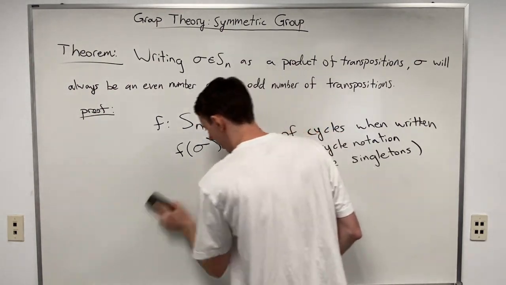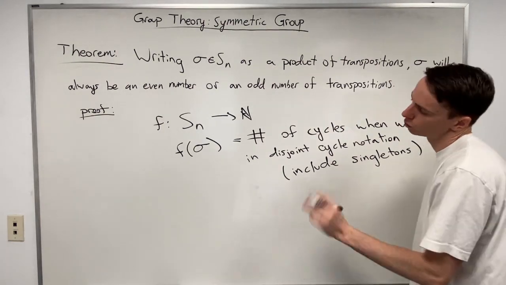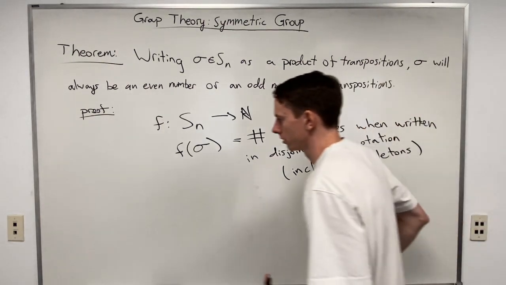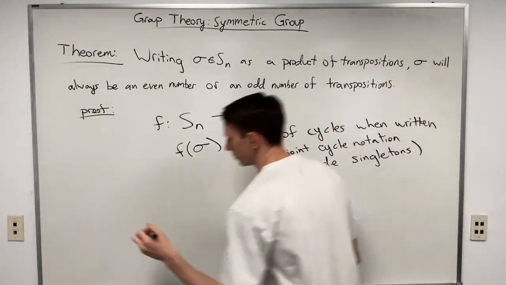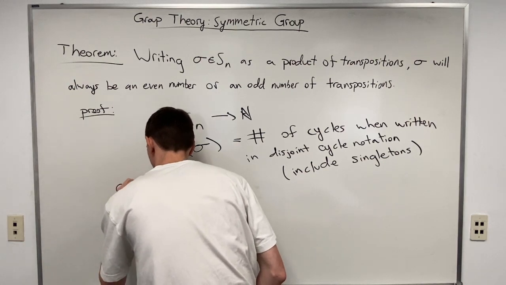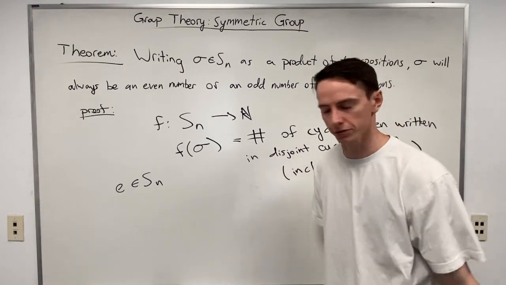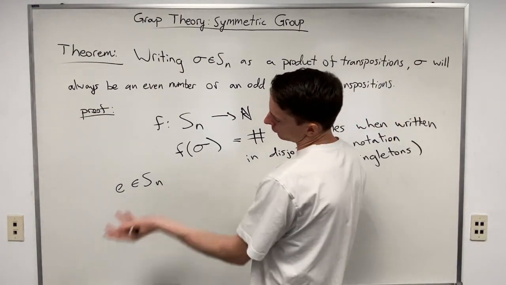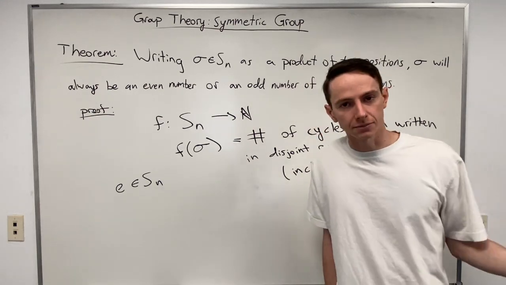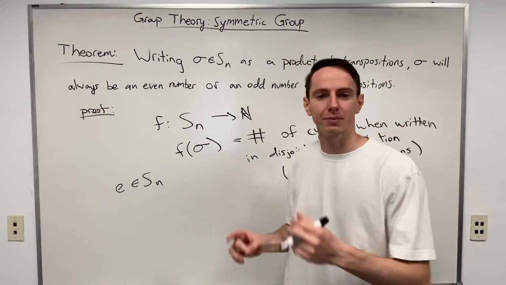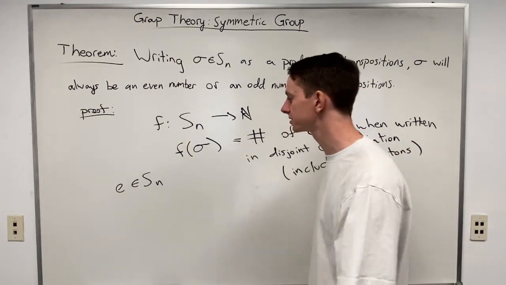Now, I should mention too that maybe just to go through 1 or 2 more relevant examples really quickly. Let's say that we're just working in Sn, and we have E in Sn, the identity element. Okay, and this will be important for later. So what does the identity element do? Well, it basically maps 1 to 1, 2 to 2, 3 to 3. It's as if we didn't reshuffle anything in the first place.